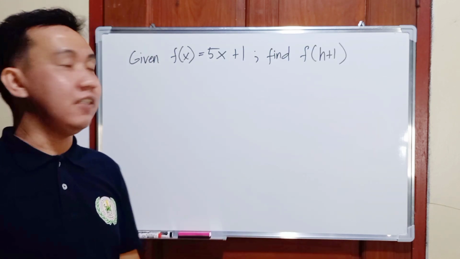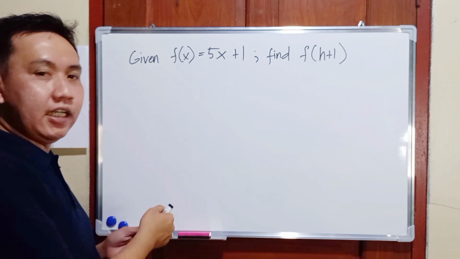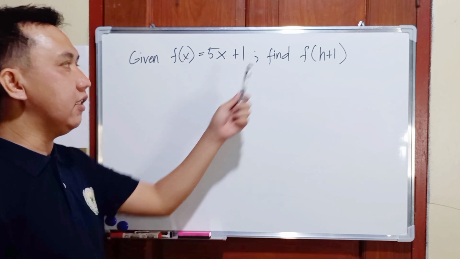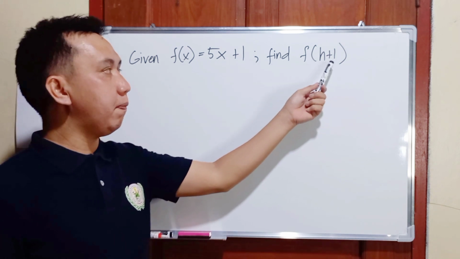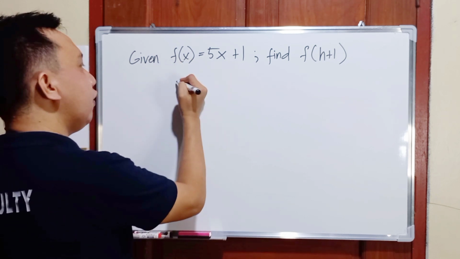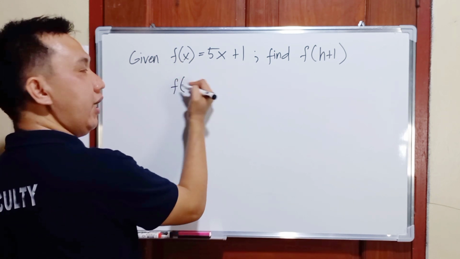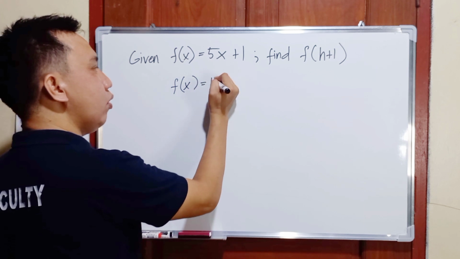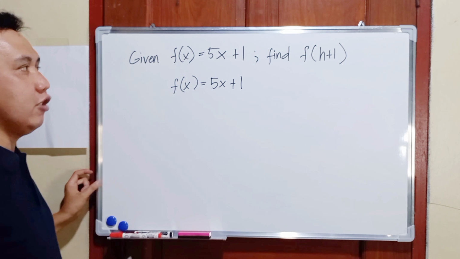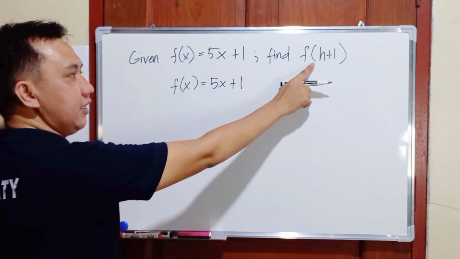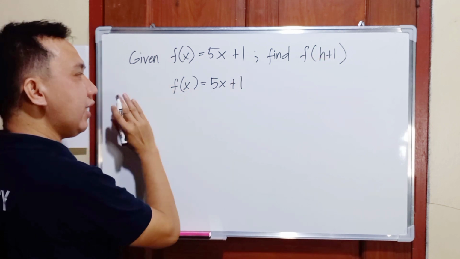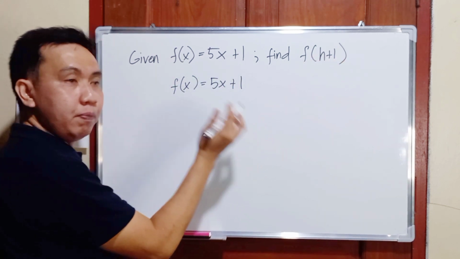So, another example. Given f of x is equal to 5x plus 1, find f of h plus 1. So, kopyahin ang equation. f of x is equal to 5x plus 1. Ngayon, substitute natin ang value ng ating x, which is h plus 1. So, lahat ng mga x, palitan ng h plus 1.